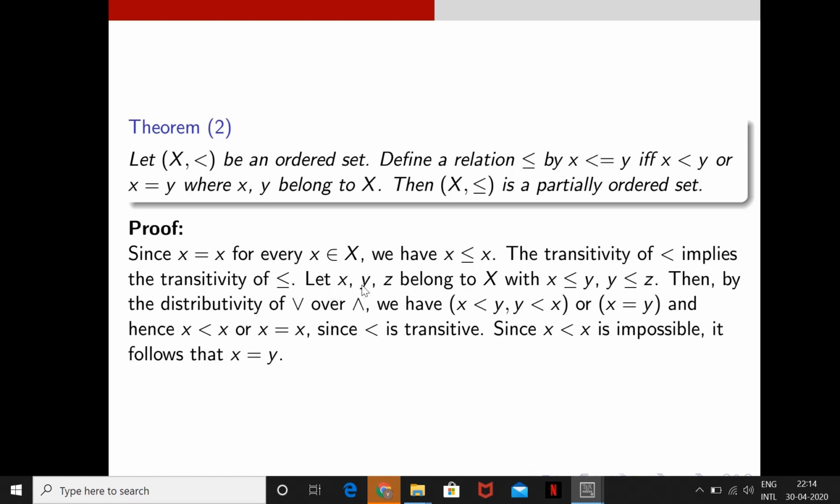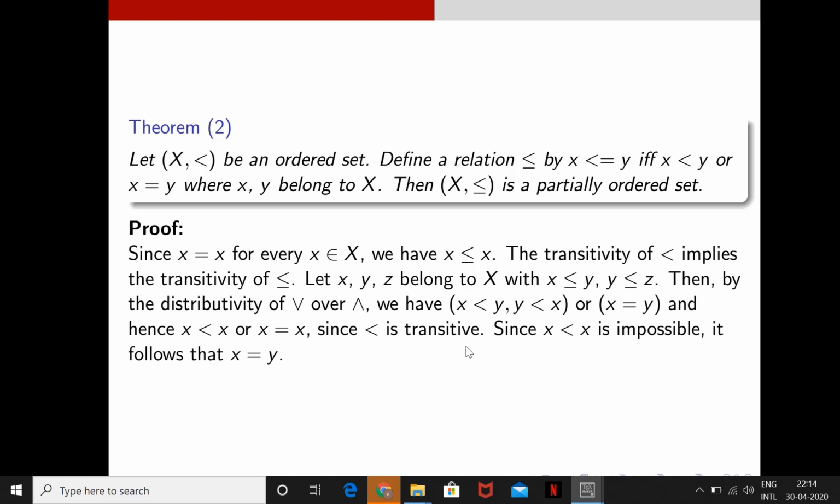Now let x, y, z belong to X with x less than or equal to y and y less than or equal to z. Then by the distributivity of and, or, we have x less than y and y less than x, or x equal to y, and hence x is less than y or x equal to x since this is transitive.